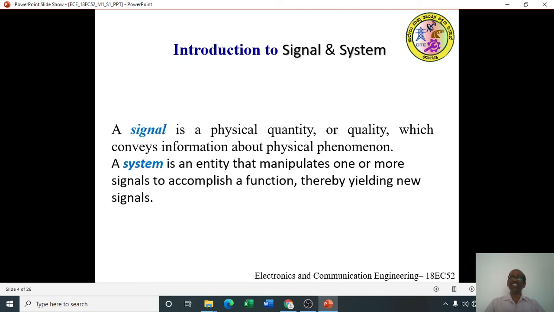Whereas a system is an entity which takes one or more input signals, manipulates them and gives a new signal for us. Some of the analog systems are clipper, clamper, amplifier. Some of the digital systems are encoder, mux, decoder, further modulator, transmitter, receiver. Many systems are there.